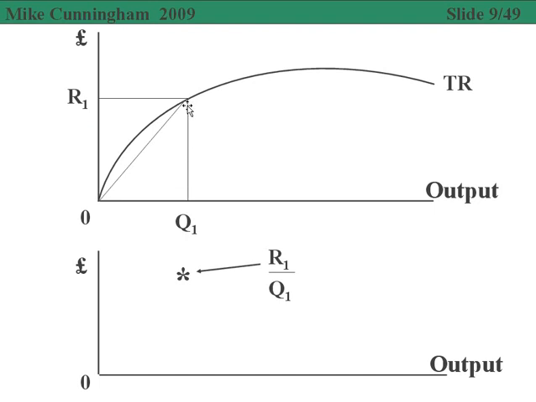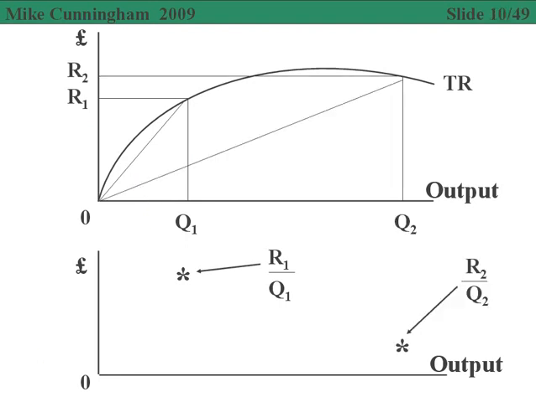So that's R1, the length of that line is R1. Q1 is that line there. So really what we're doing is dividing this vertical line by the horizontal line. And if you do that, in mathematics, you get the tangent of that angle. It's a representation of the angle here. It tells us the angle.